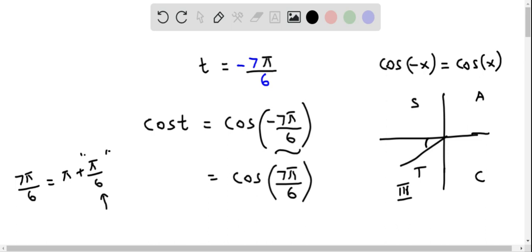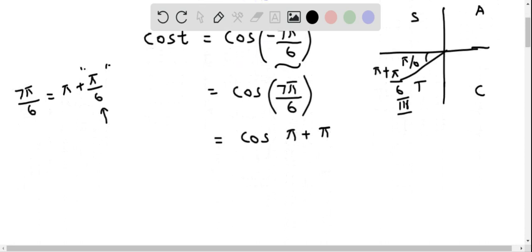Every angle which lies in this quadrant will be in the form pi plus pi over 6. So this is cosine of pi plus pi over 6.